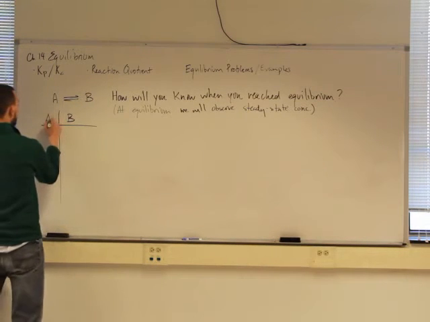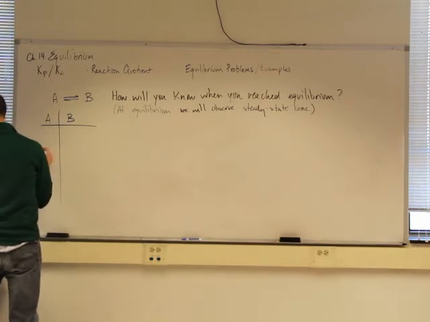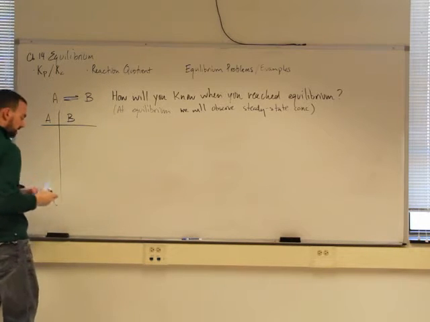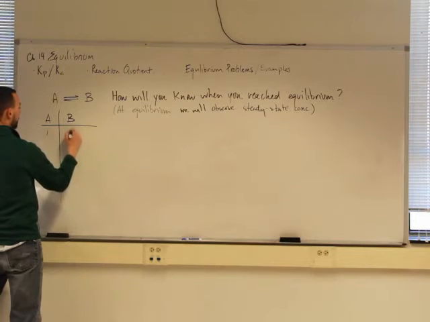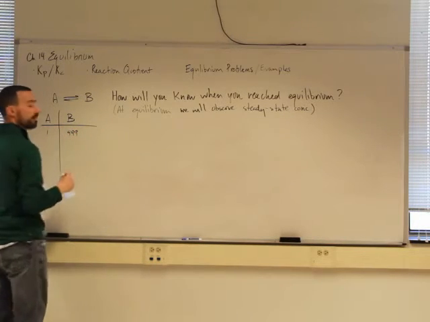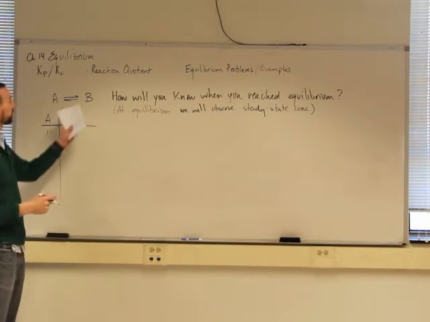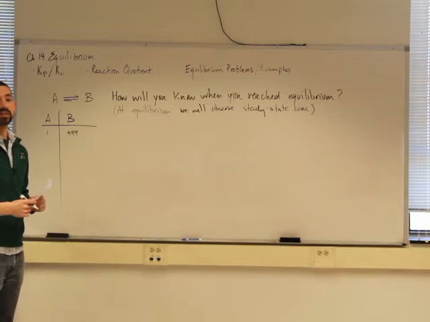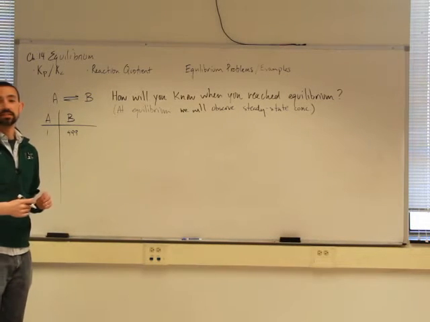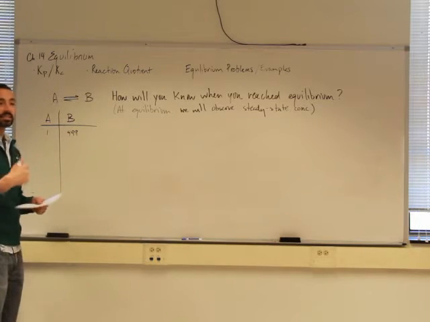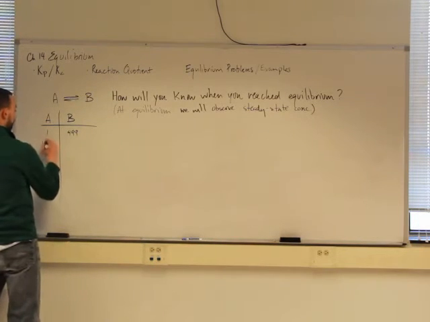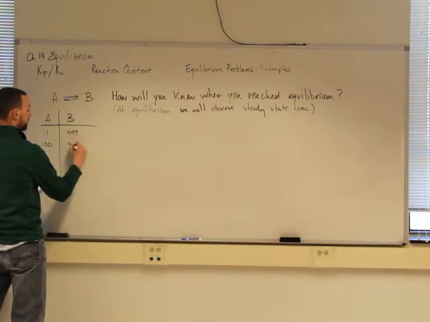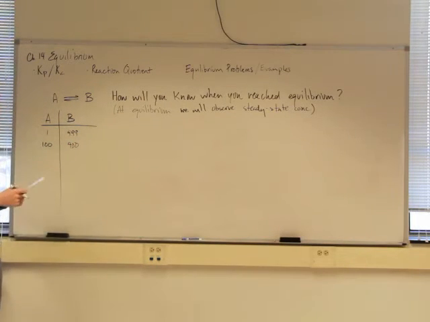How many A's do we have and how many B's do we have in each of these instances? So imagine that I began my reaction and that the first time I measured it, I had 1 A and 499 B's. So I'm actually starting with a lot of my products and very little of my reactants. Right? And then I stepped out of the lab and I came back a little bit later and I was up to 100 A's but down to 400 B's.